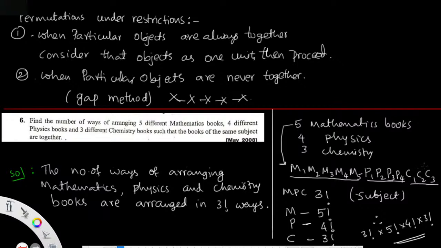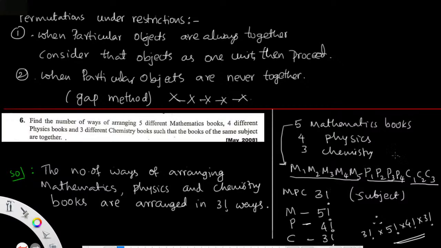First, the subjects need not be in the order MPC; the arrangement may start with physics, chemistry, or maths. In total, that is 3 factorial, since there are 3 subjects. And then the internal arrangement of the 5 mathematics books can be done in 5 factorial ways.